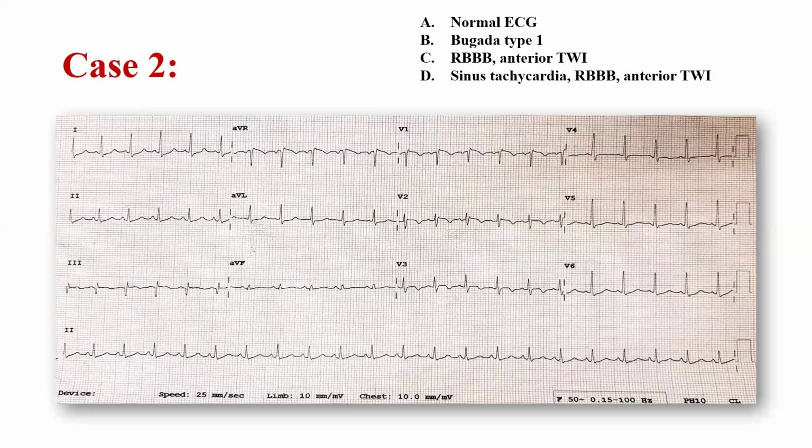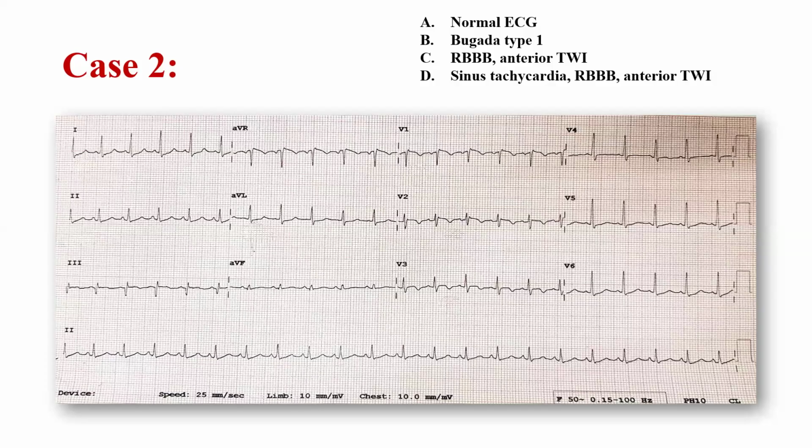There is some T inversion in the anterior leads from V1 to V3, and the QRS is slightly wide, but does not cross the 120 mark. There are no other significant findings. The QT interval is normal. So those are my findings.